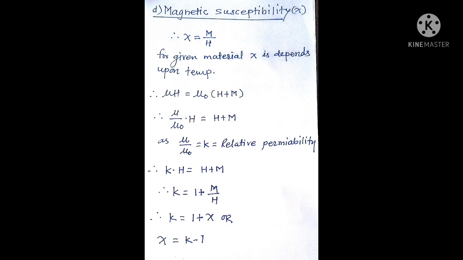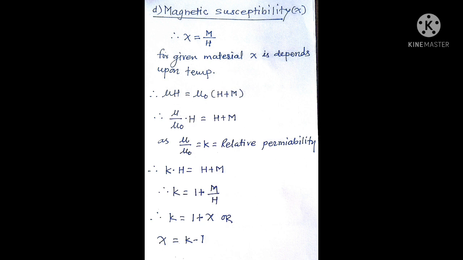Therefore instead of mu divided by mu 0 we can write k, and the term becomes k into H equal to H plus M. Now again transfer capital H on RHS side, therefore we get k is equal to 1 plus M divided by H, and this M divided by H is nothing but magnetic susceptibility of the material, and therefore we can write k is equal to 1 plus chi, or if we transfer 1 on LHS side, we get chi is equal to k minus 1.